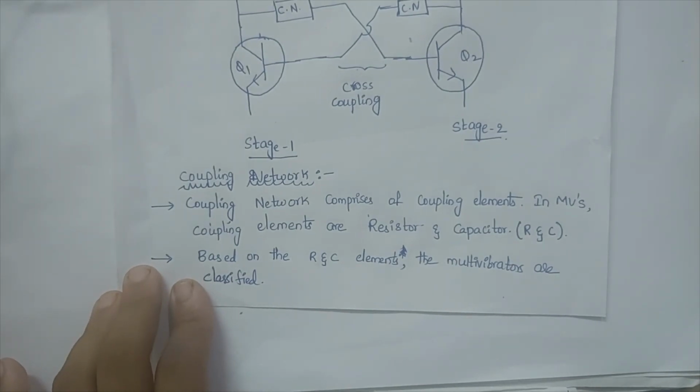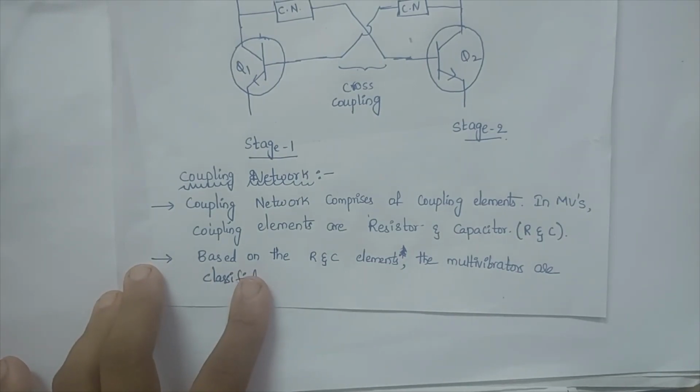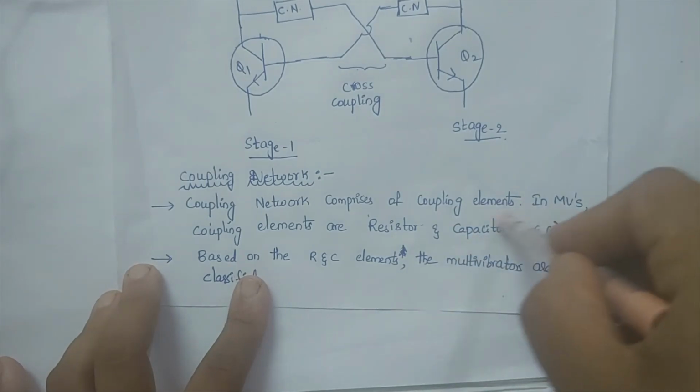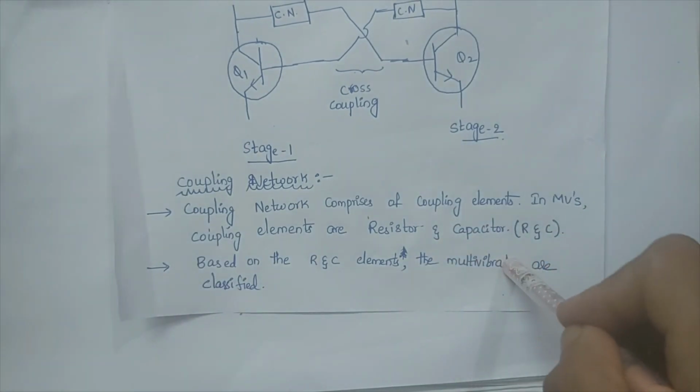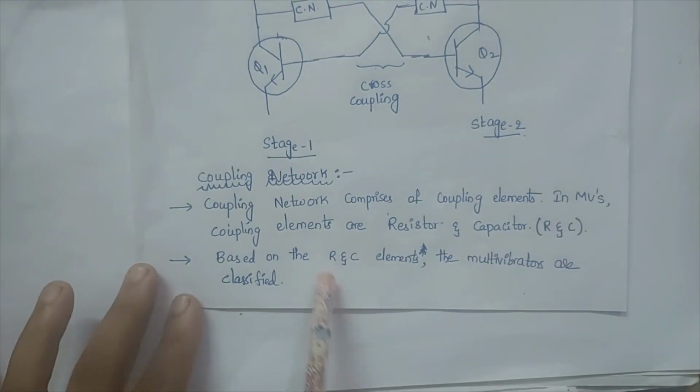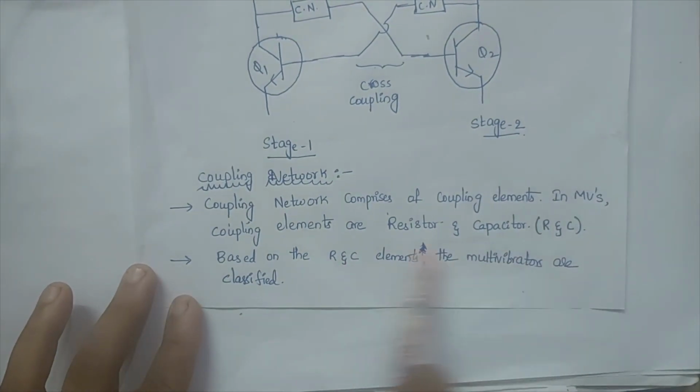That's why it will take some time to charge or discharge. Because of the capacitor, we will have exponential variation in outputs. So based on the resistor and capacitor elements, the multivibrators are classified. We will see the classification of multivibrators also.